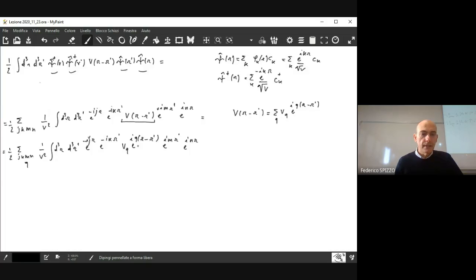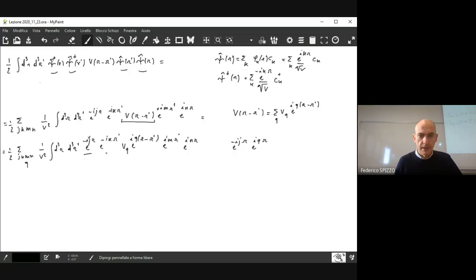We may group the phases with the coordinate r on one side, and group on another side the phases corresponding to coordinate r prime. So in this case, if we just group here before including everything in the integral, we have e to the minus I, j, r. Then we have e to the I, q, r. So I'm just grouping those corresponding to coordinate r.